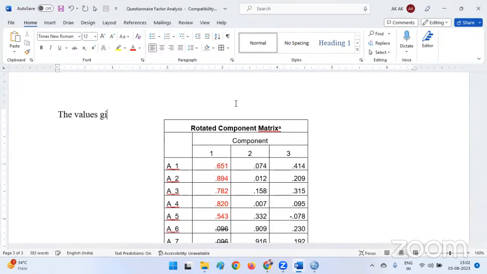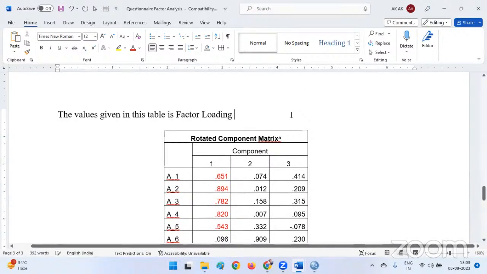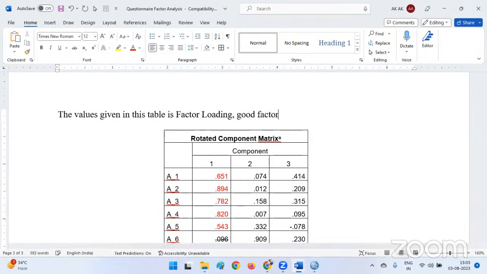The values given in this table are factor loadings. Factor loading should be, then there are different rules. Good factor loading is more than 0.5.